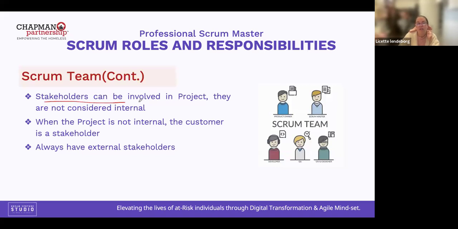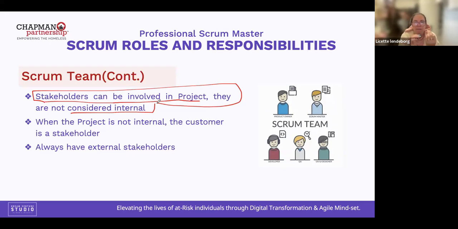The stakeholders can be involved in a project. They're not considered internal, and we mentioned that like 5 times during the class. A stakeholder is someone external to the team, any person, organization, or entity that can be affected by any one or more project objectives. So anyone outside the Scrum team.